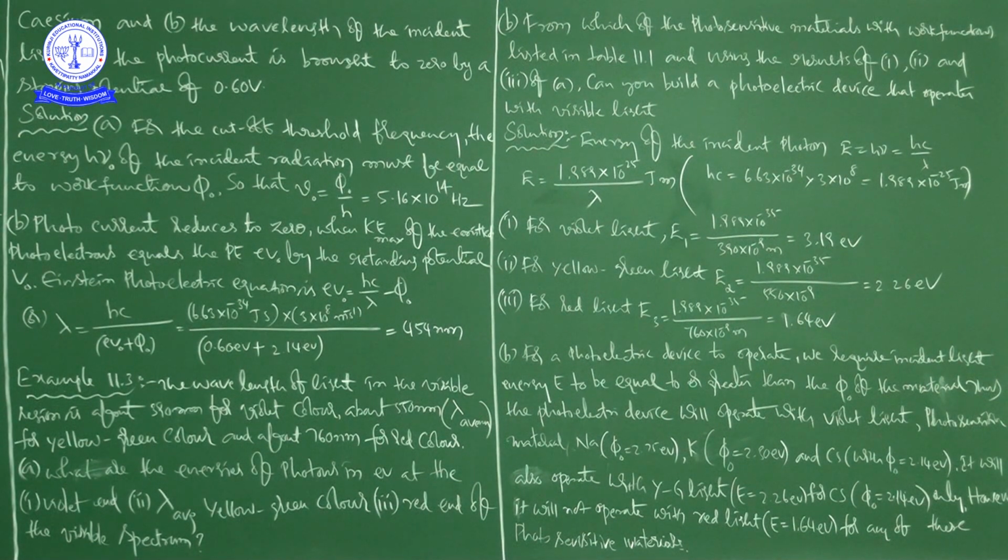In A we calculated the threshold frequency, and in B we calculated the wavelength of incident light, and here the threshold frequency for cesium. Now we are going to see the next problem, that is example 11.3.